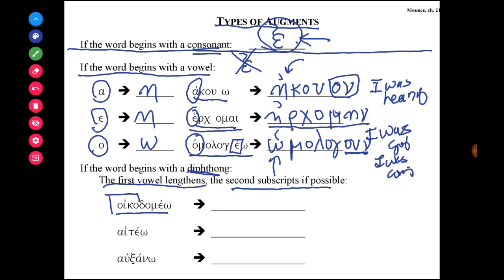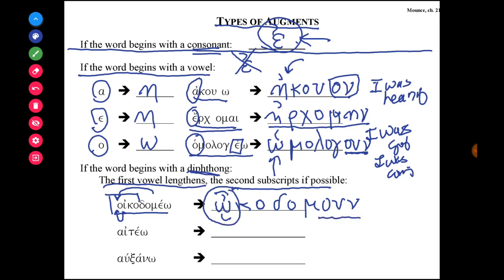The way I would augment this is the omicron becomes omega, and then this subscripts. So this is oikodomoun. And this means I was building. I was building.